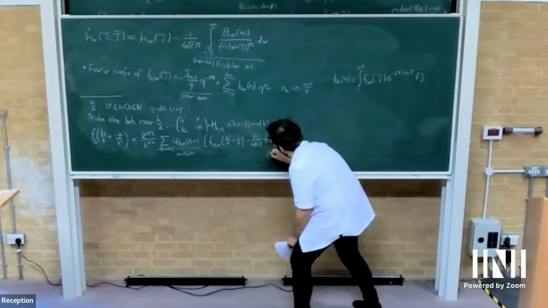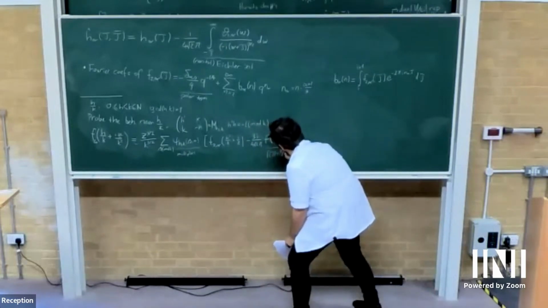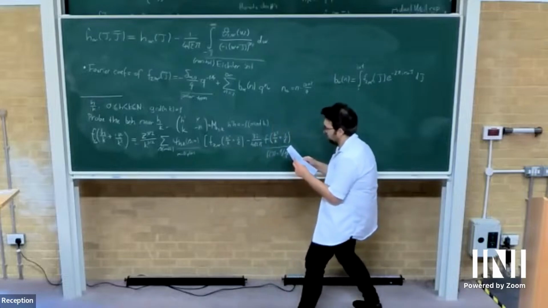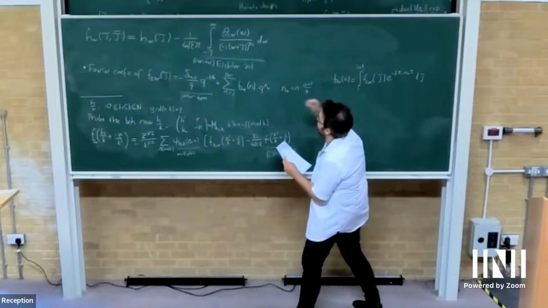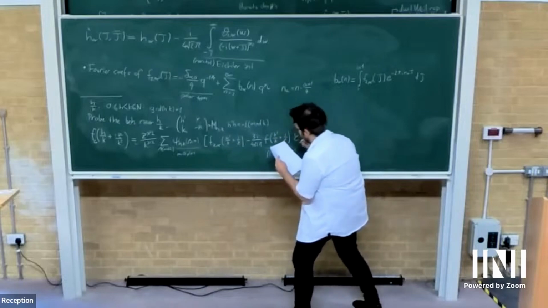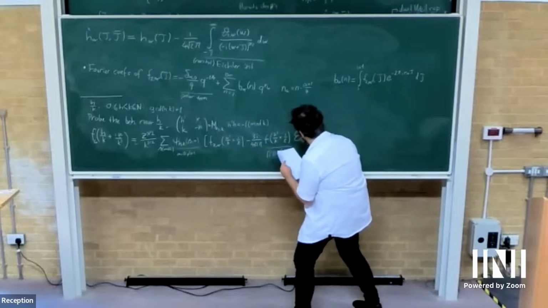This function f of tau is the 1 over eta tau to the power 6 that I inserted that goes along with the H alpha. And what I'll denote by epsilon is an error term.